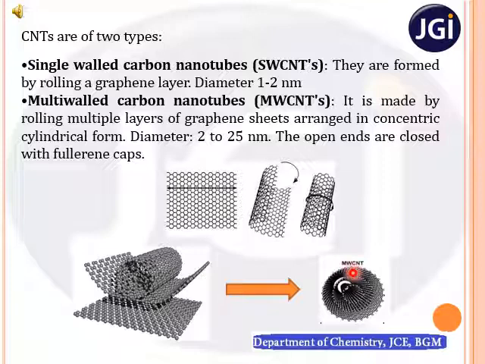Multi-walled carbon nanotubes are 2 to 25 nanometers in diameter. The open ends are closed with fullerene caps as we discussed earlier. So this is about carbon nanotubes. With this introduction, we can discuss the properties and applications of carbon nanotubes.